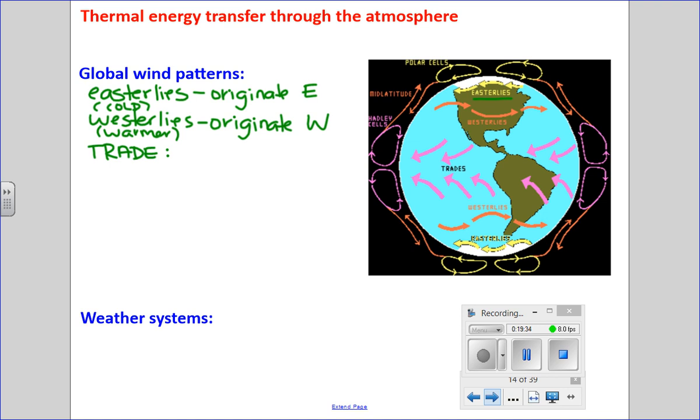And what's really happening here, if I was to continue the arrows, is little circles. So trade winds are winds that are going around and around, but they line up right at the equator.